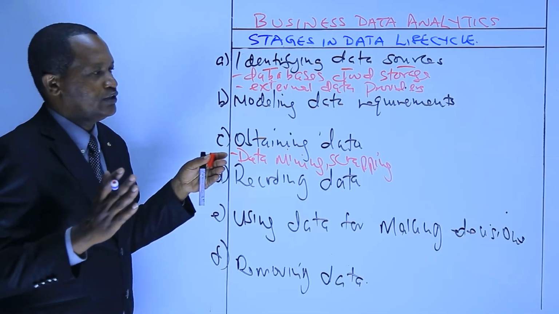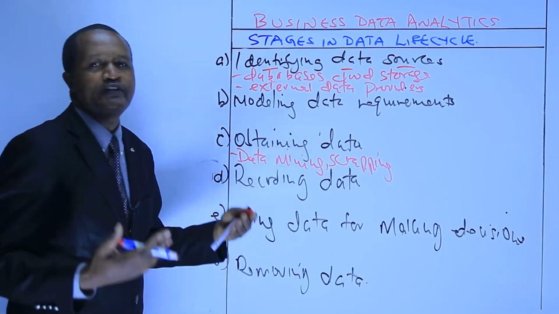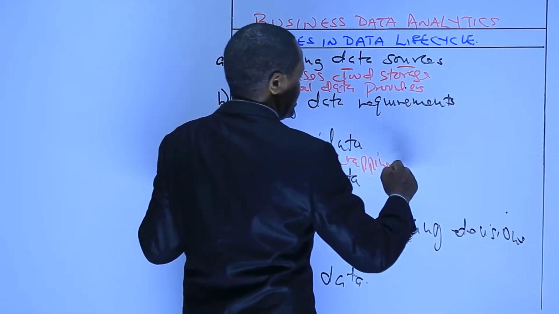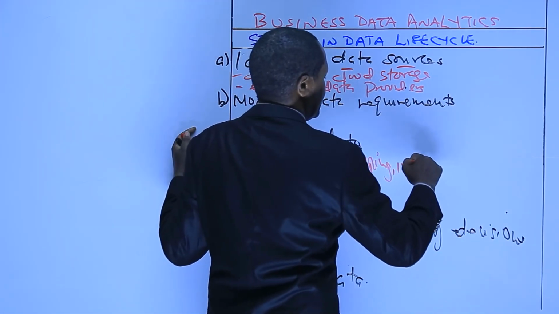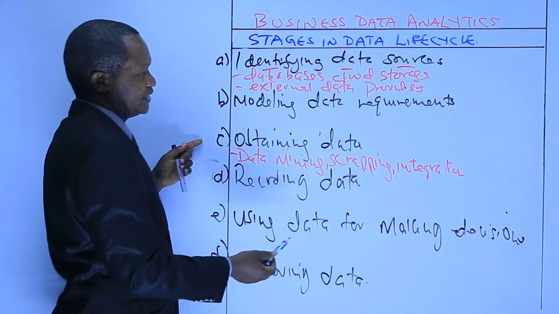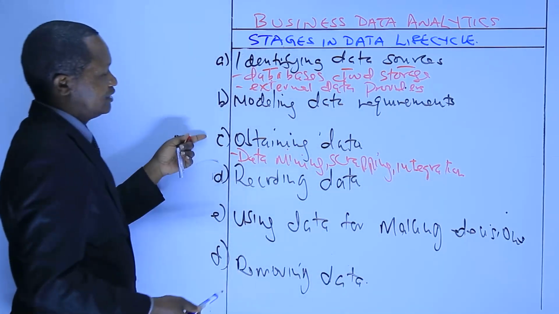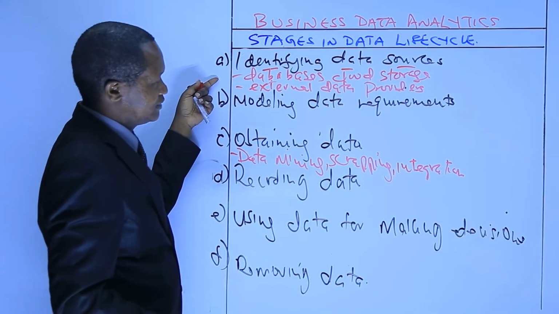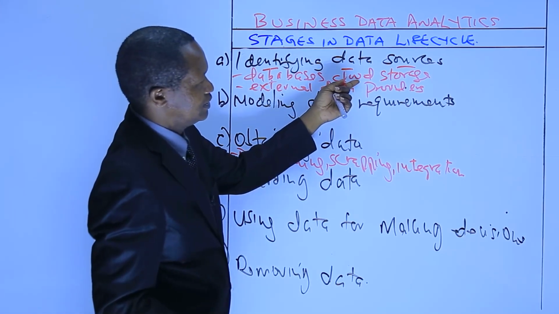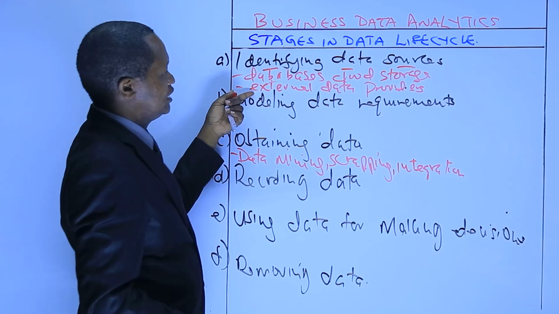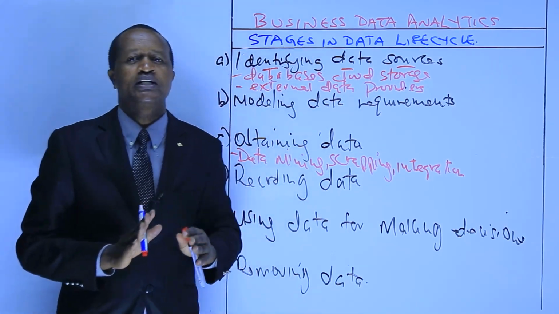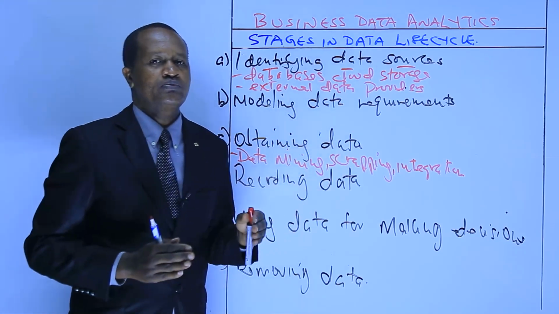This may also involve data integration. Because this data we've seen here may be obtained from different sources. The data obtained from the databases, from cloud storage, and from external data providers may need to be integrated, what we are calling data integration.